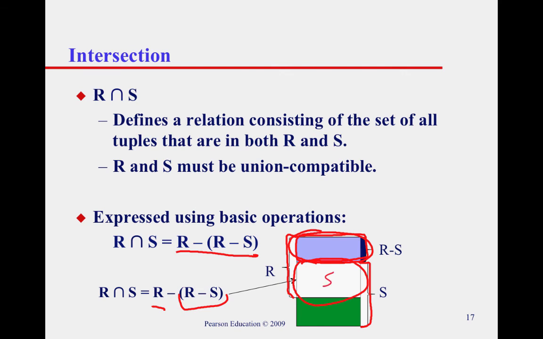Because this is in S, this is not in S. R intersect S in some sense is R minus whatever is not in S, and whatever is not in S is R minus S. So you can actually get set intersection from set difference. That's why it's not a fundamental operation.